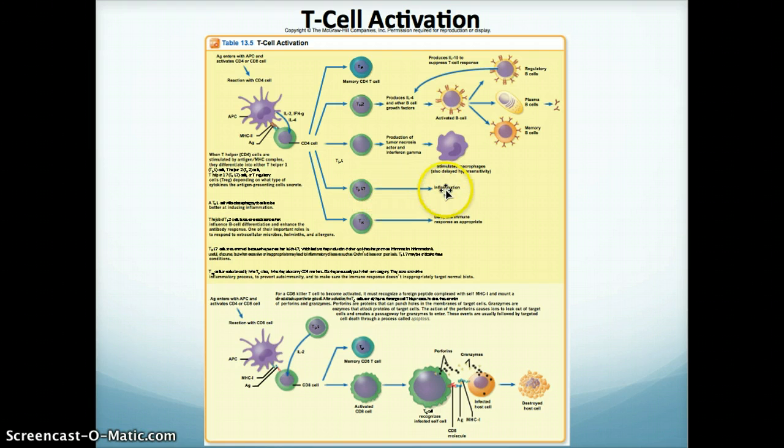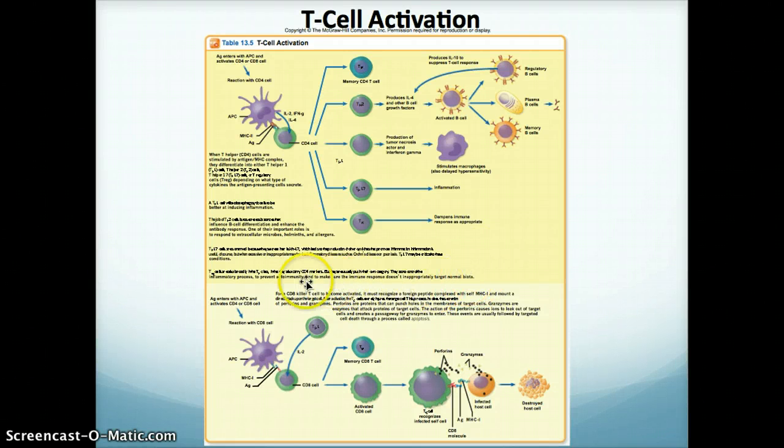These play the role in inflammation, and they secrete interleukin 17. And then we also get this T regulatory cell, which will dampen the immune response as appropriate. It's the one that will rein it back in when we have the infection under control. So this is a nice review of all of the different CD4 cell proliferation.